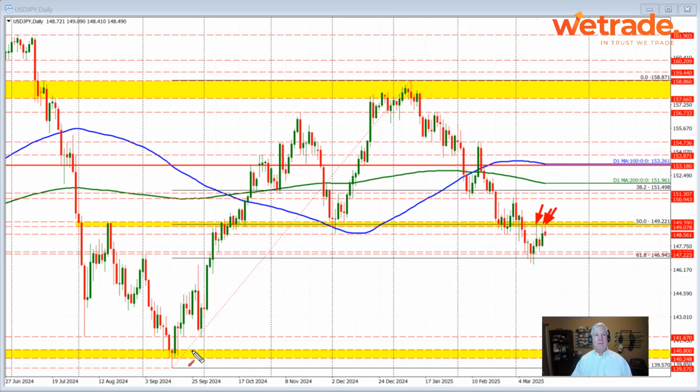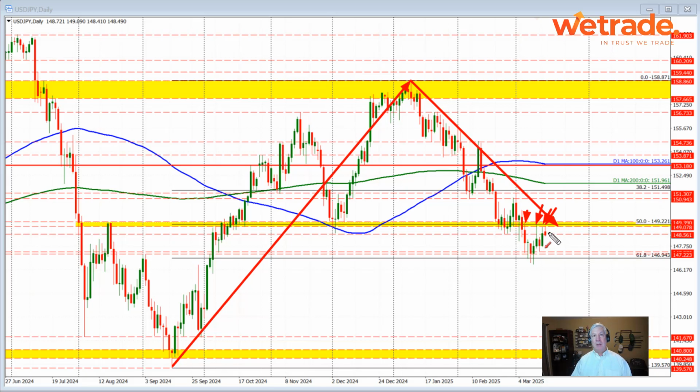And the 50% midpoint of the move up from the September low to this level right through here. Now, we've traded above and below that 50% retracement, not paying much attention to it during last month's trading, but during this month's trading, we have seen some resistance up here, near the 50% retracement and near the swing area between 149.07 and 149.39. Be aware of that in trading this week.